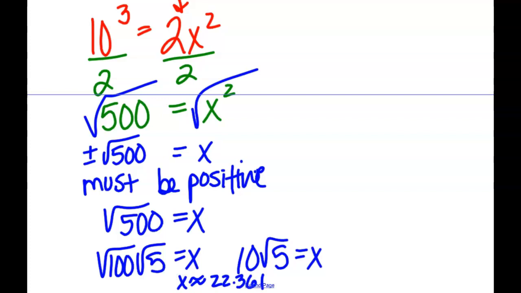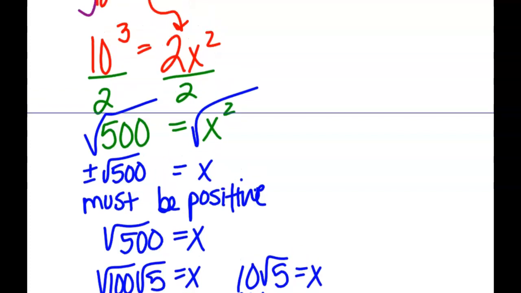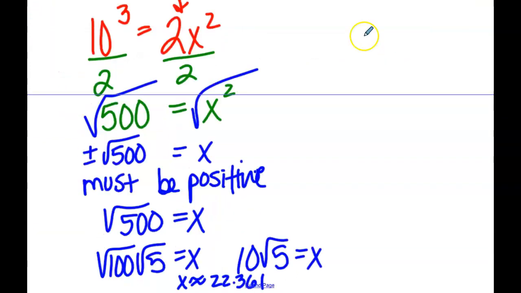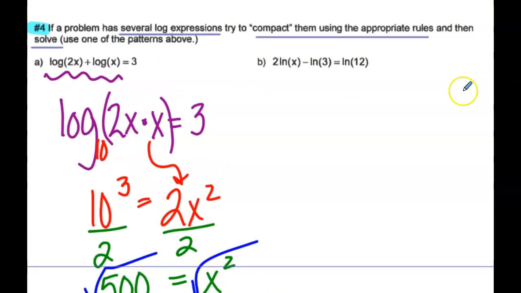Yes, no? Okay, a lot of steps. What do you want to do on the next? Go ahead. Say that again. Yes, 10 root 5 is fine. I just don't, some on Delta Math say exact, some say nearest 10th, nearest 100th. You just have to read what they want.